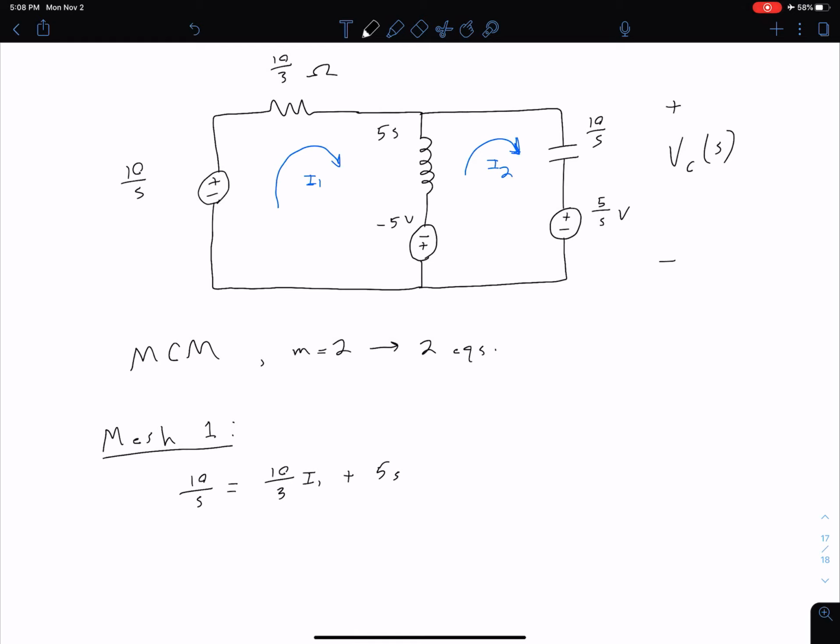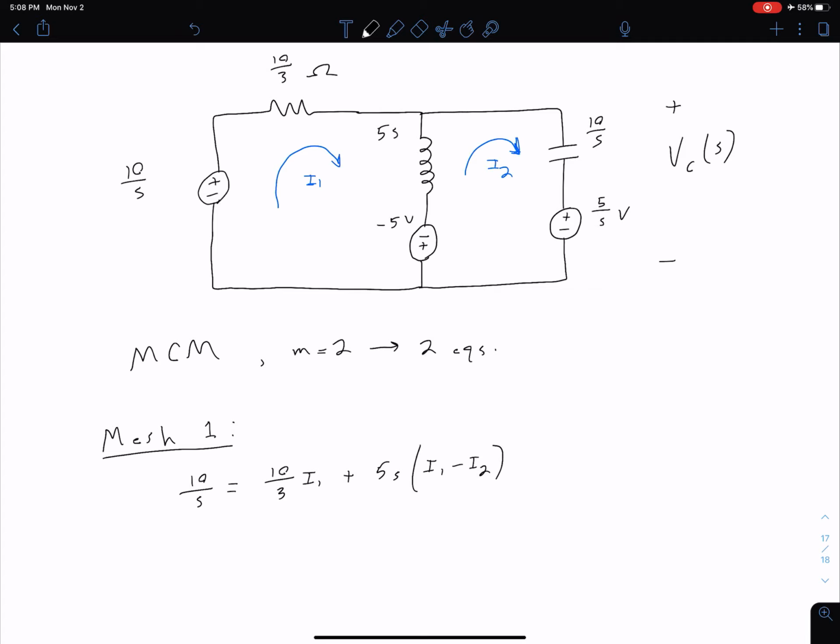We also have current I2, so we have to consider both I1 and I2. I'm going to put I1 minus I2 because our I1 is going down and our I2 is going in the opposite direction.